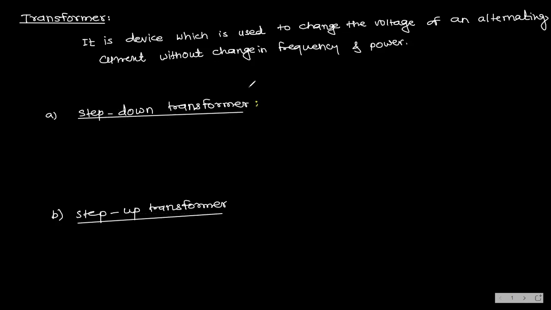Now, what is this step down transformer? It changes low alternating current at high voltage into high alternating current at low voltage.